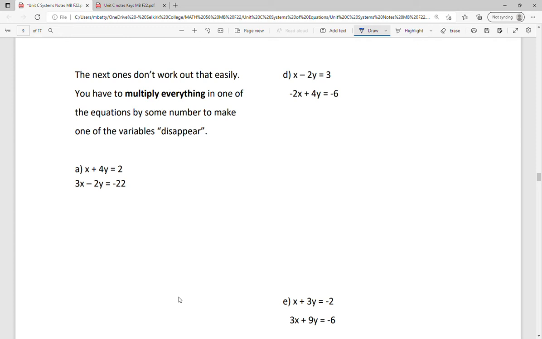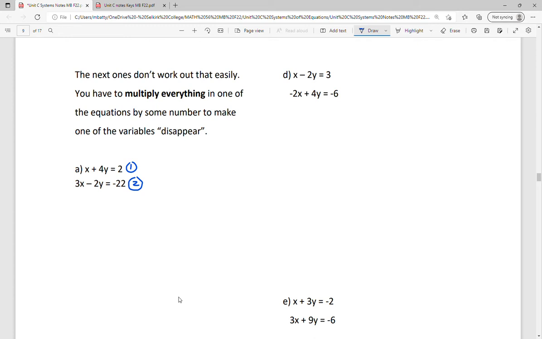Okay, so for A, if I take a look at it, if I were to add them vertically, none of the coefficients would have the variables wipe out. So what I'm going to have to do with this is do an extra step. I'm going to take a look at equation 1 and equation 2, and basically change how they look without changing their value.